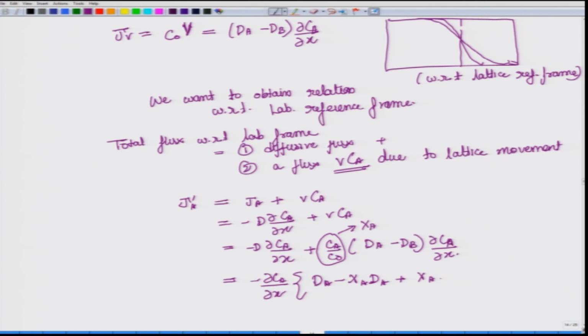So, this gets multiplied by XA dB, and when you look at this 1 minus XA, this becomes XB times dA, and therefore, our relation is XB dA plus XA dB into del CA by del x. Let me rewrite it in the new page.